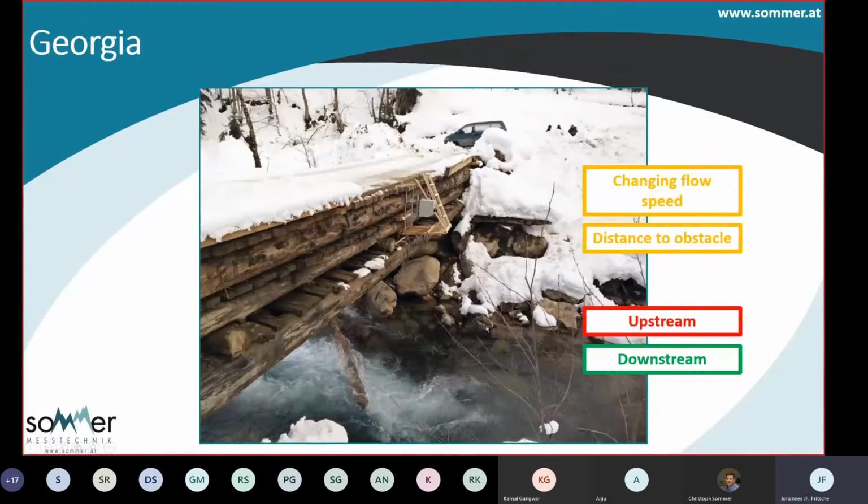So it's not ideal, but we have a bridge at this site and no other option to install it, so this is the choice where we install it. But again, you need to look downstream. Upstream would be too difficult with those limitations of the rocks and flow speed here.